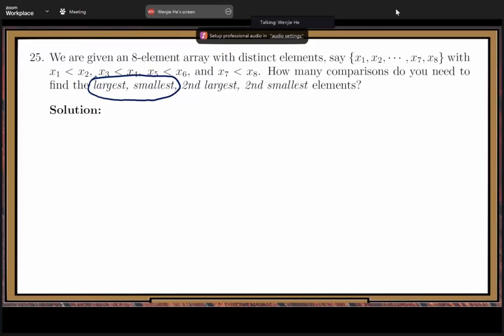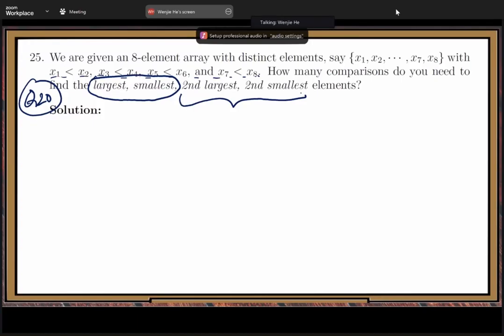Even with a given condition, we did a similar question in some previous questions. Look at question 20 of this assignment. So you have some experience already. But the new added part is this time you need to do second largest and the second smallest.